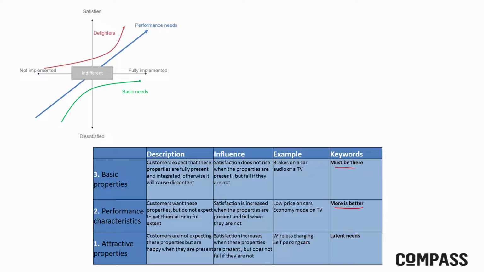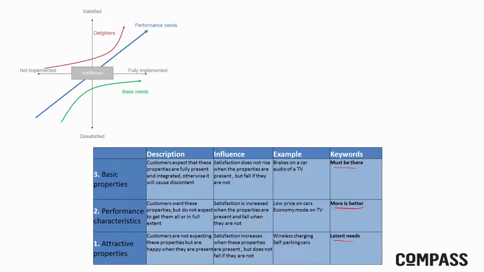We're used to plugging it into our charger. Self-parking cars will be attractive in the mainstream product of cars. But if it's not there, we are used to parking the car ourselves. So it's kind of a luxury, and that's where you get the wow factor. And the keyword here is latent needs. We don't know we want it, but we are positively surprised when we get it.